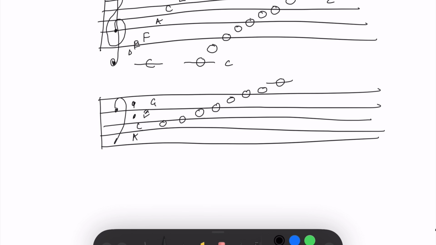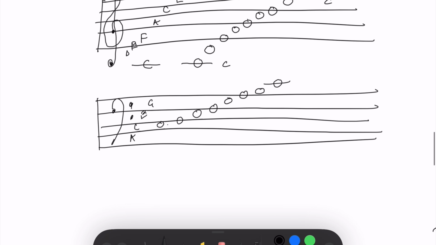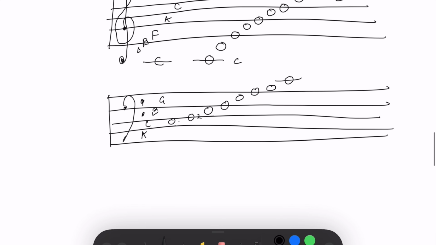Now see how I put these semibreve notes on the stave. We put it line, space, line, space. So this is 1, and then the next will be the line and the space, and then the line and the space, the line, the space, and lastly the line.